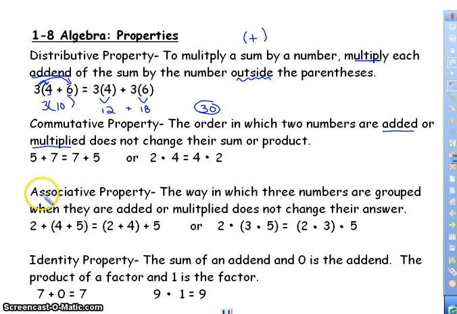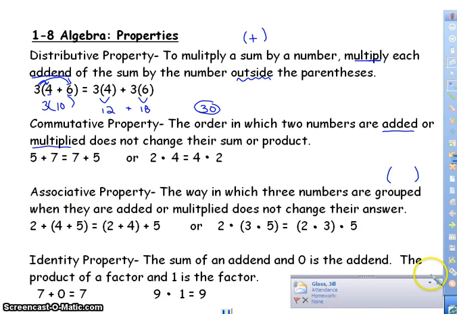The associative property says the way in which three numbers are grouped, and when we're talking about grouping, we're talking about parentheses, when they are added or multiplied does not change their answer. It sounds very familiar to commutative property, but now what's changing is the parentheses are moving.